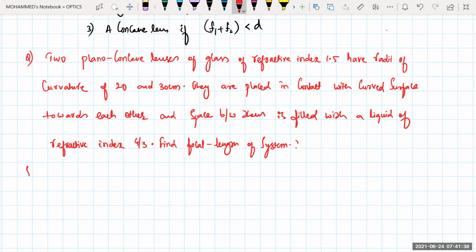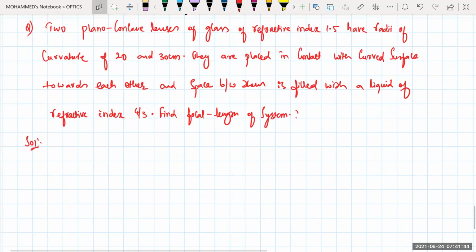Now read the question carefully. We have two plano-concave lenses of glass of refractive index 1.5. Let us try to draw them. This will be the plane surface, and this will be the concave surface. The other one is like this too.